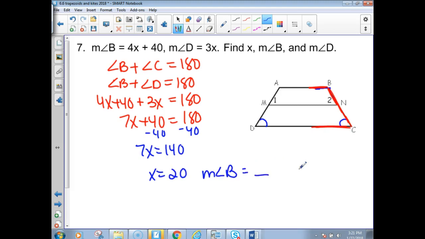So then it wants us to find the measure of angle B and the measure of angle D. Well, B would be 4 times 20 plus 40, and that's 80 plus 40, 120. And the other one is 3 times 20, so it'd be 60.